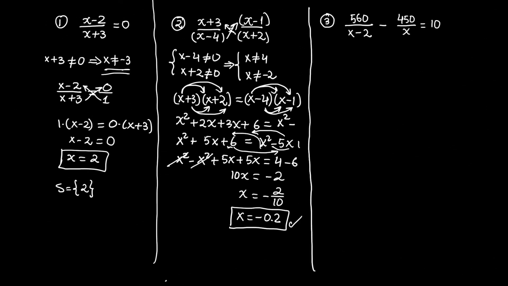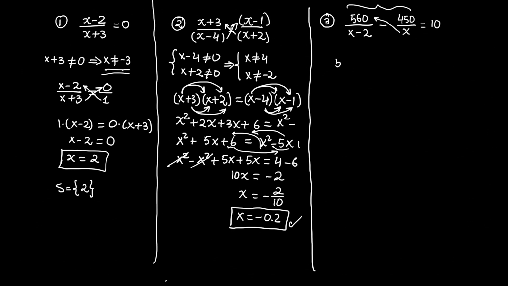Good. The last equation that we'll solve is number 3. Now, I have to bring it to the form where I have a fraction on one side and a fraction on the other side. So I want just one fraction on this side first. I'm going to multiply this one by this one.